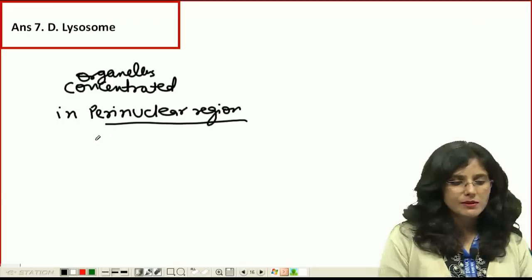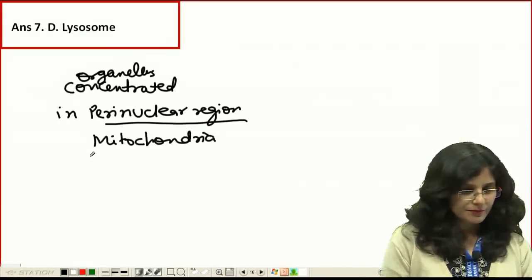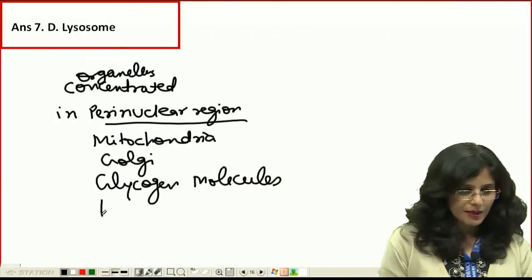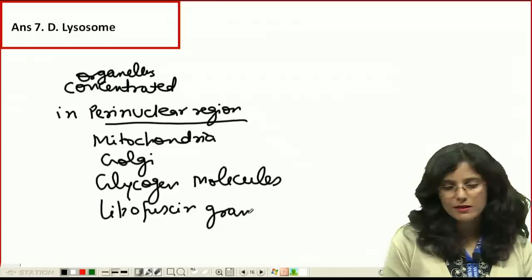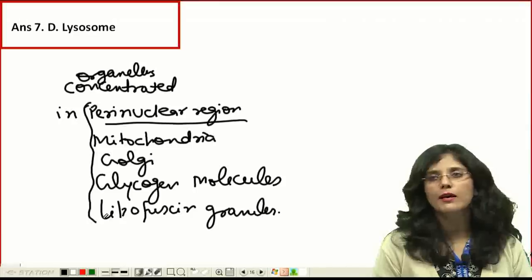Cardiac muscle is a very active muscle, so mitochondria are there, Golgi apparatus are there, glycogen molecules are there, and lipofuscin granules are there. So these are all present in the perinuclear area.